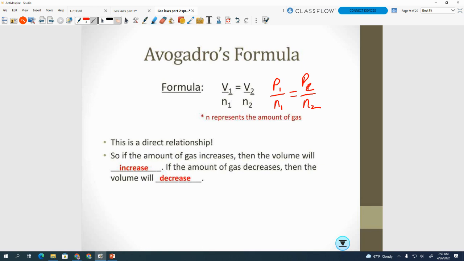The number of moles is going to be directly related to pressure and directly related to volume. So if the amount of gas increases, the volume will increase and pressure will increase. If the amount of gas decreases, then the volume or pressure will decrease. Moles is amount.